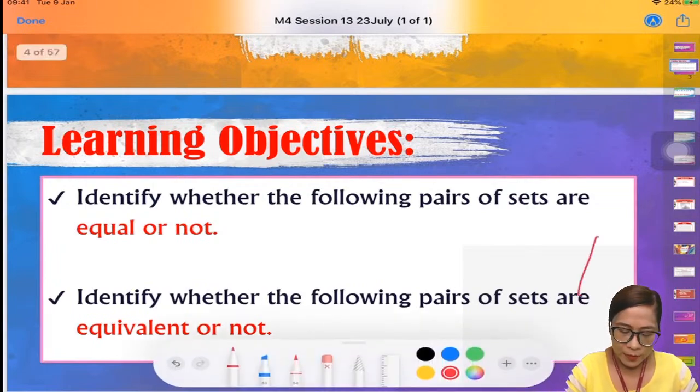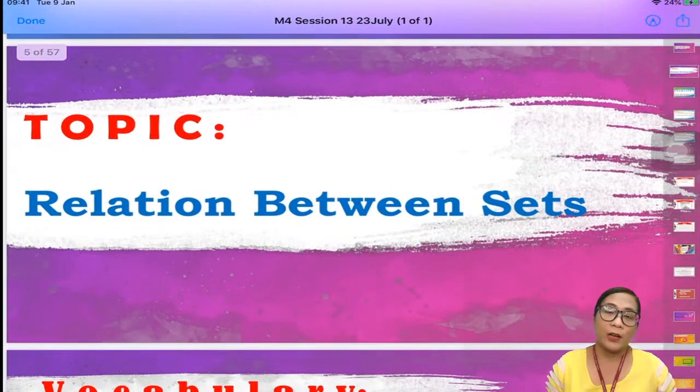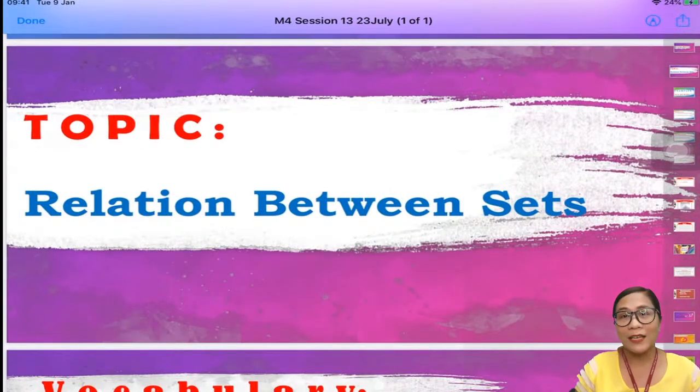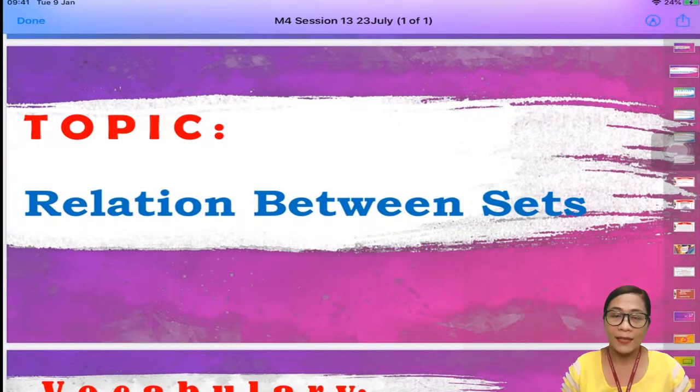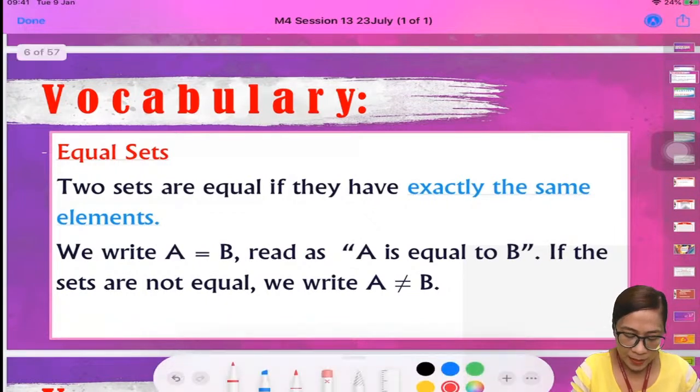Alright, let's move on to the next one. The topic is about the relation between sets. For the vocabulary, we have equal sets. What are equal sets? Two sets are equal if they have exactly the same elements.